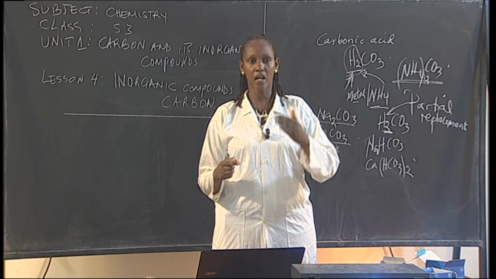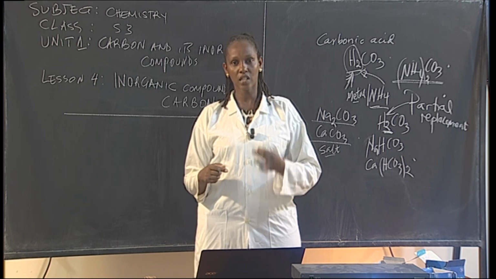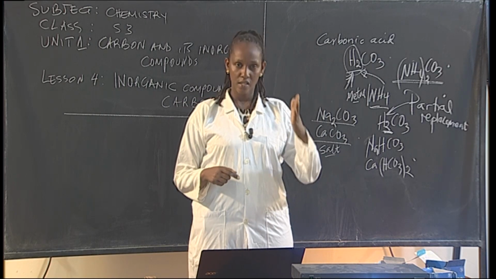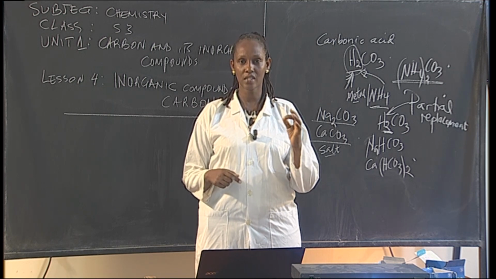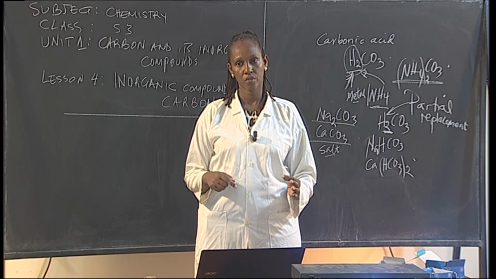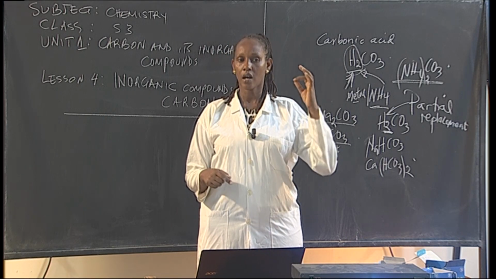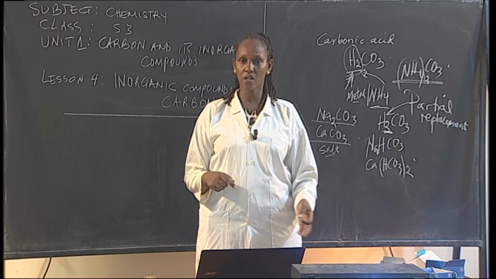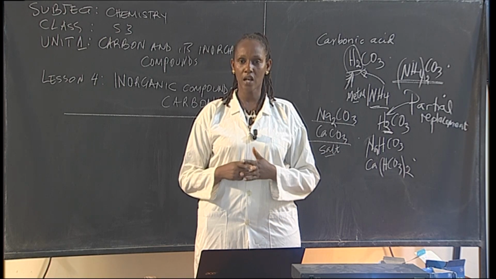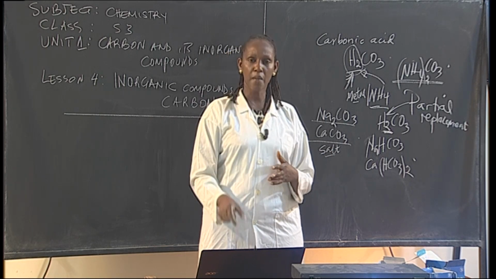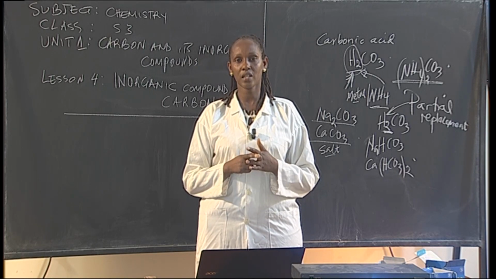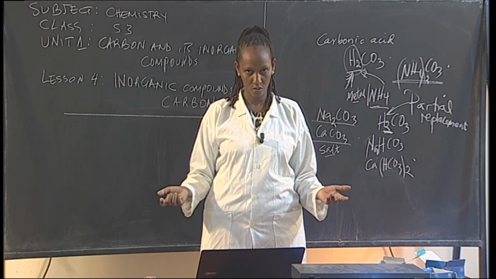For hydrogen carbonates, we have said they are formed when part of the hydrogen of carbonic acid is removed and replaced by a metal. I've talked of examples like sodium hydrogen carbonate, potassium hydrogen carbonate, where you just remove one hydrogen, part of the hydrogen of carbonic acid, and replace it by a metal. All right?